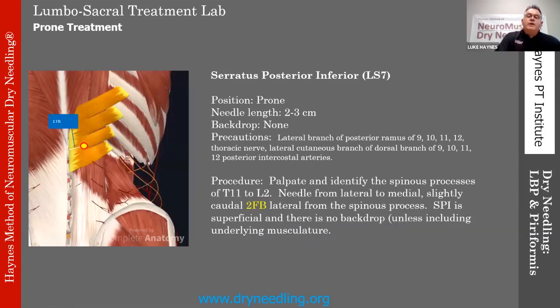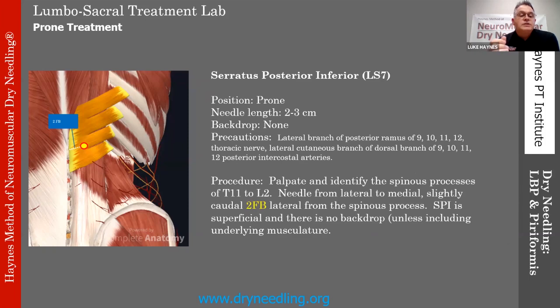For serratus posterior inferior, again, similar to other musculature, how clinically relevant is this muscle to pain and dysfunction? It's questionable. If we are going to be dry needling at the TL junction in multifidus, in longissimus, or in iliocostalis, we will needle into this muscle.